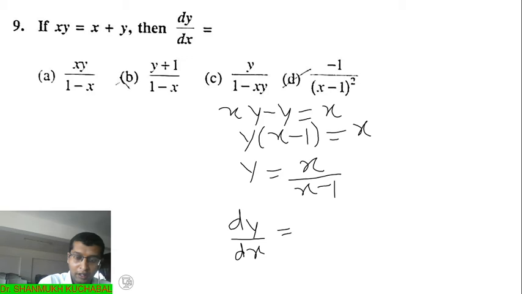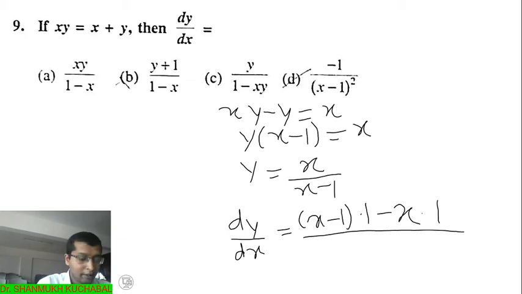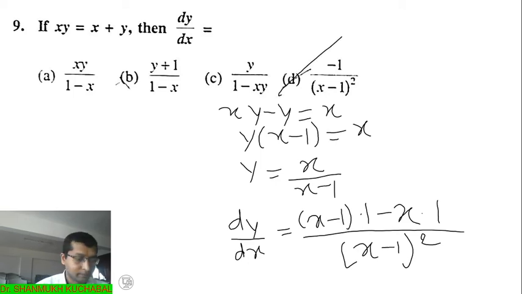So further, denominator as it is, numerator differentiation is 1, minus numerator as it is, denominator differentiation is 1, whole divided by denominator square. Okay, so the numerator is x minus 1 minus x, x gets canceled. So the numerator simplification is minus 1. Therefore option D is the right answer.